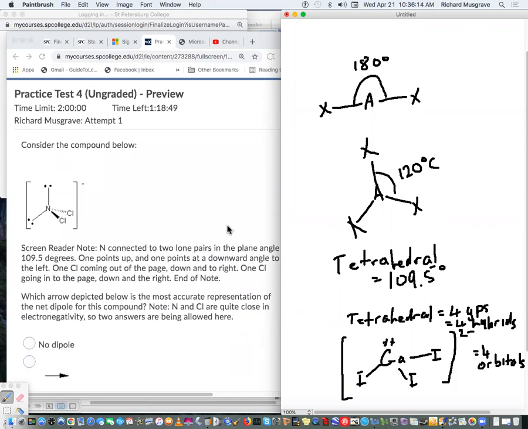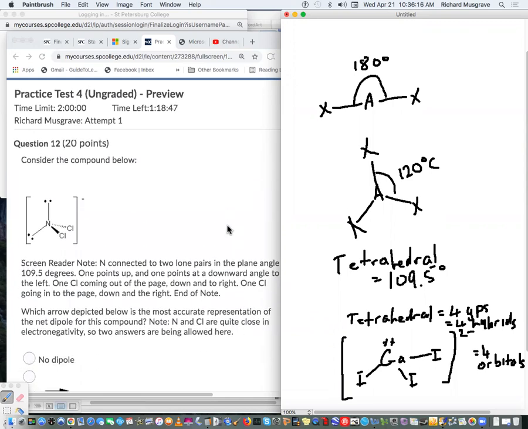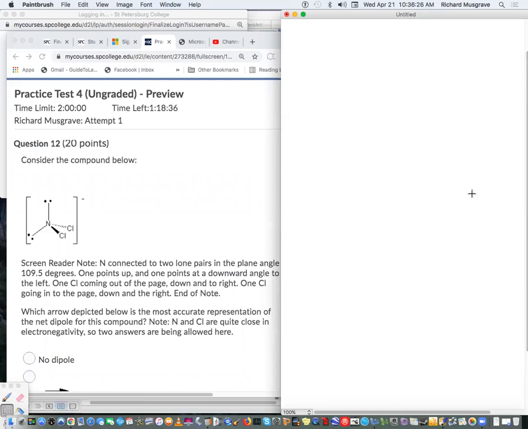All right. I'll go over a net dipole problem here as well. For something like this one, I already give you the shape and everything.